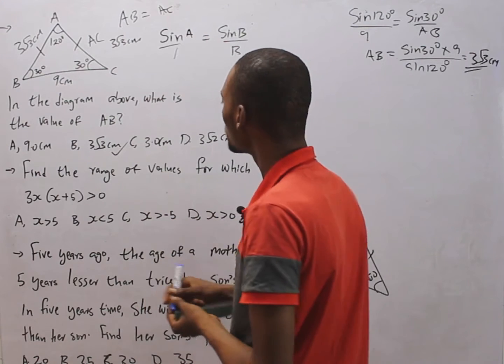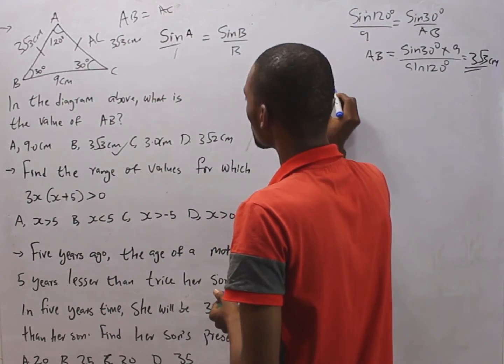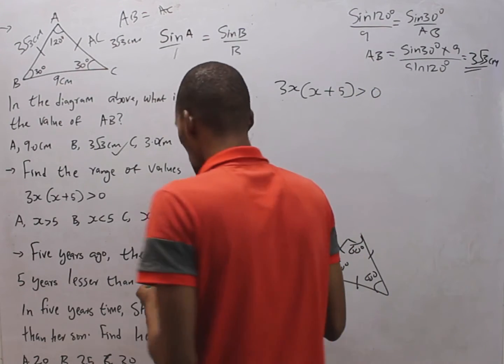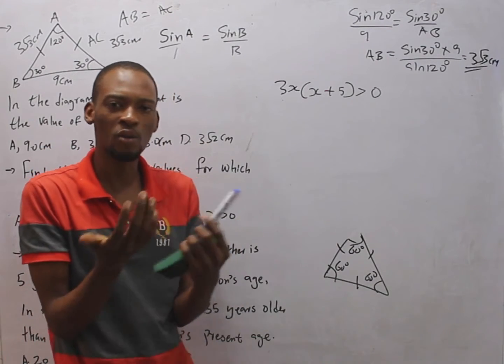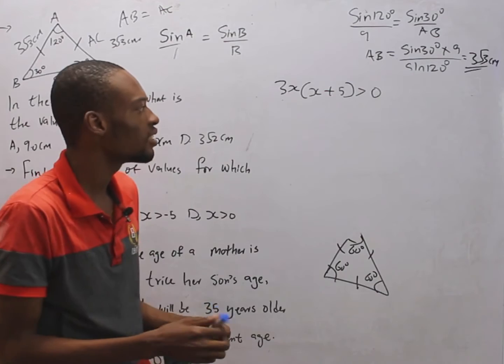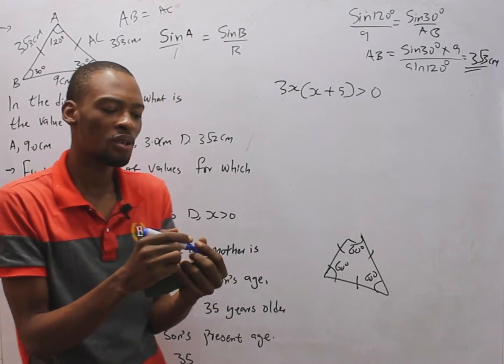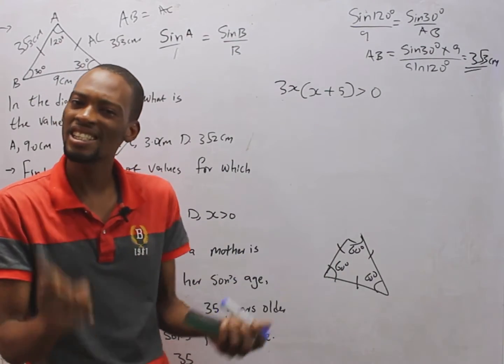This is under inequality. It says 3s plus 5 is greater than 0. To solve inequality questions, solve them like equations, except that when you divide both sides by a negative number or multiply both sides by a negative number, the sign changes.